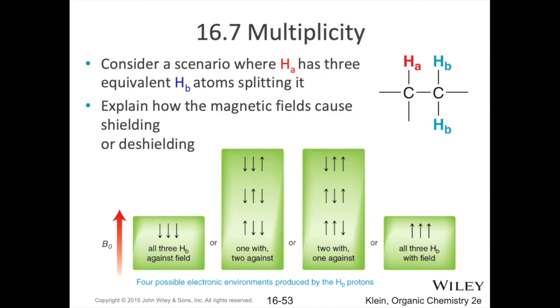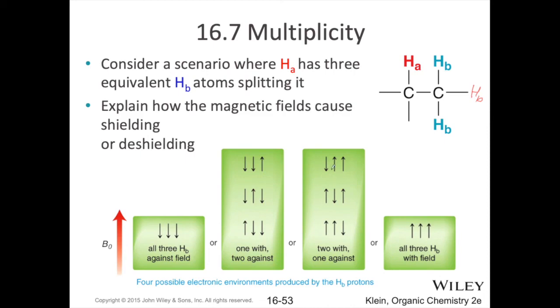Let's say, this picture is a little incomplete, but let's say there was a third hydrogen B here. I should have used blue ink for this. So you've got 3 of these hydrogens influencing the magnetic field with your hydrogen A. Again, you could have all 3 of them against, all 3 of them with, or 2 against and 1 with, and there are 3 scenarios where that could happen.